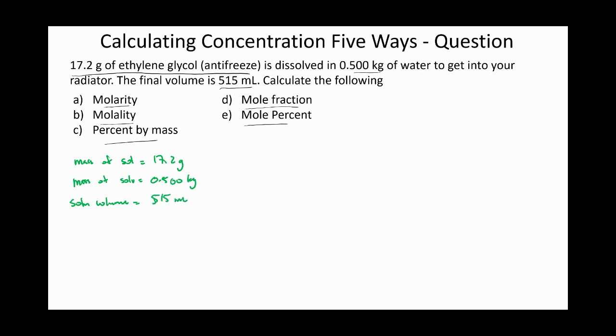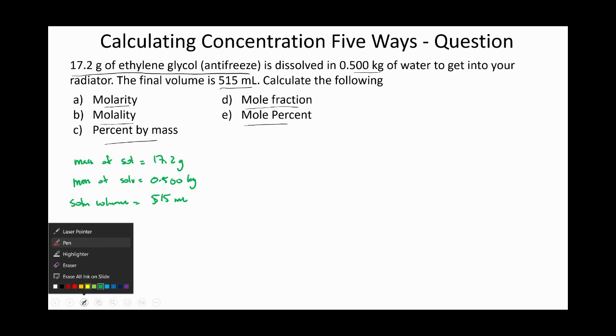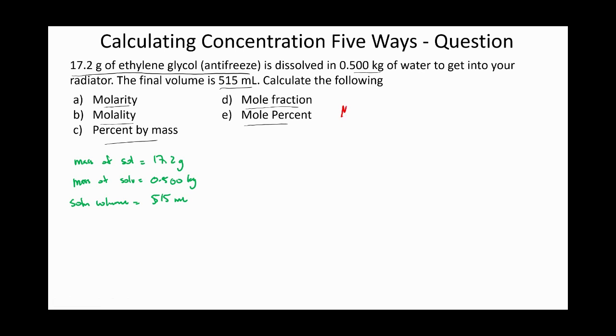If I'm going to do these in order, the first one I might want to do is molarity. I know that molarity is defined as moles of solute over volume of solution. I already have the volume of solution, so I just need to figure out my moles of solute.